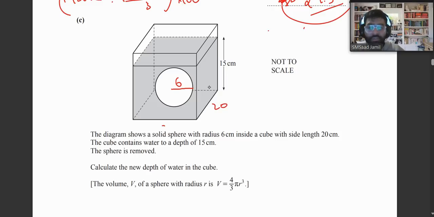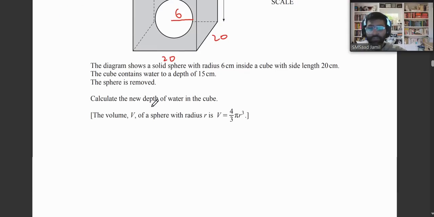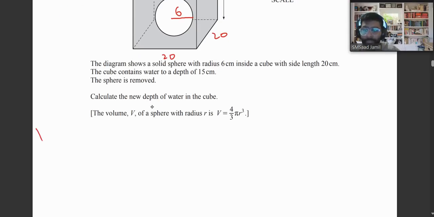This side is 20, this side is also 20. So first let us find the volume of the sphere. Volume of sphere is 4 upon 3 pi r cube. So 4 upon 3 multiplied by pi multiplied by r cube, which is 6 cube.